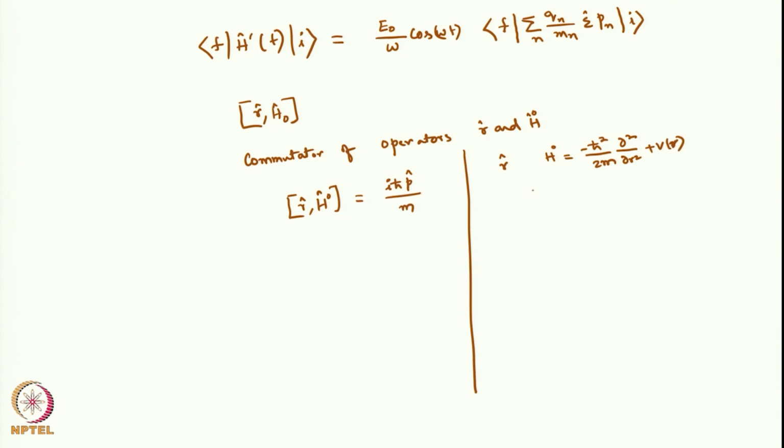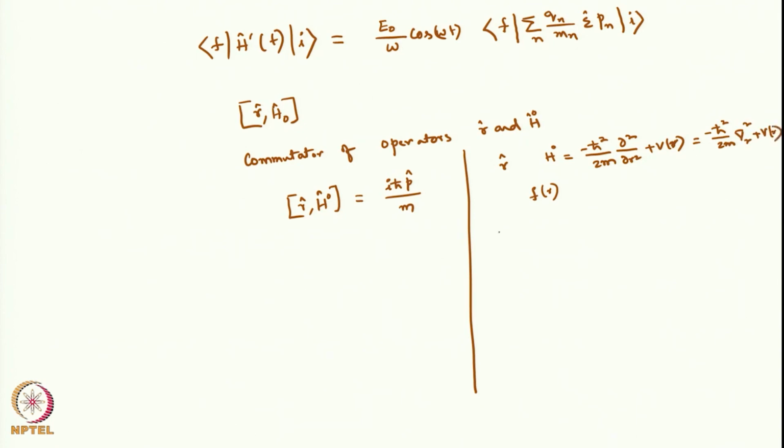By the way, this is also called minus h bar square by 2m del R square plus V of R. Okay.